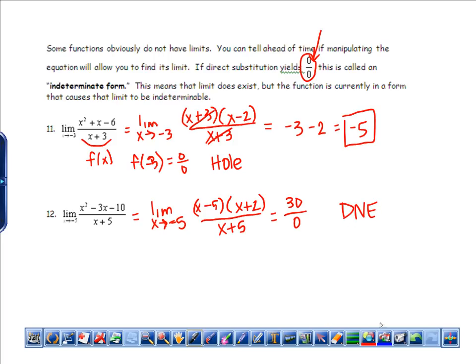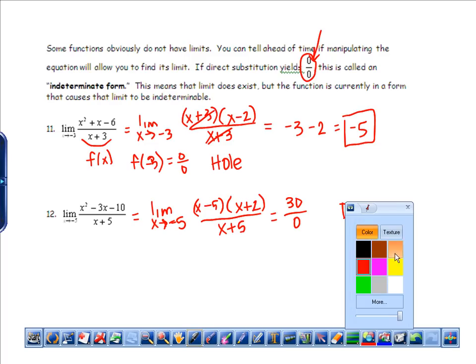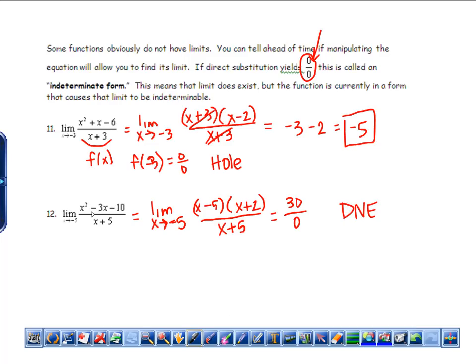Okay? Now, just for fun, to be thorough, let's pretend this minus 3, let's just change the problem, let's make it a plus. How would that change my factoring? Well, it would have made that plus and this minus. Okay? So what this means is then the x plus 5s would have canceled, which would have been a hole.